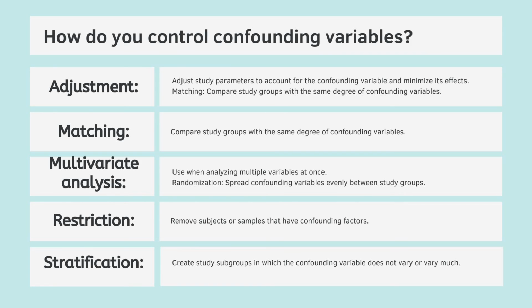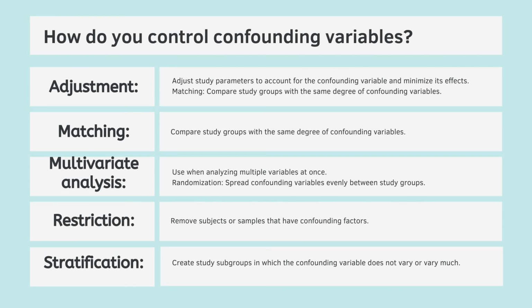How do you control confounding variables? Ways to control confounding variables so they do not affect the results of your experiment include: Adjustment: adjust study parameters to account for the confounding variable and minimize its effects. Matching: compare study groups with the same degree of confounding variables.